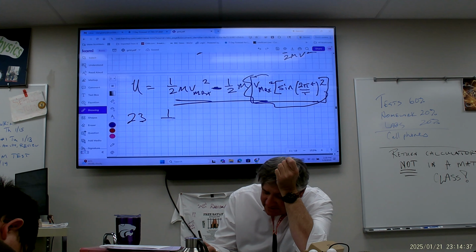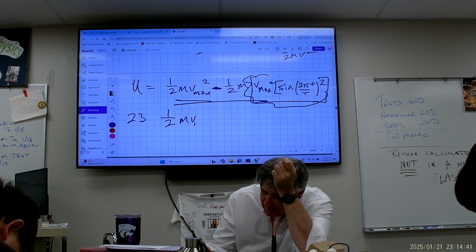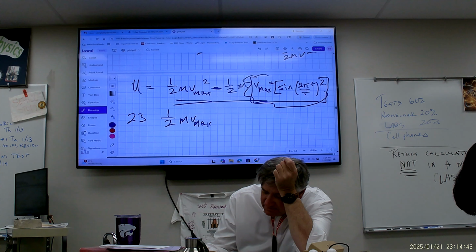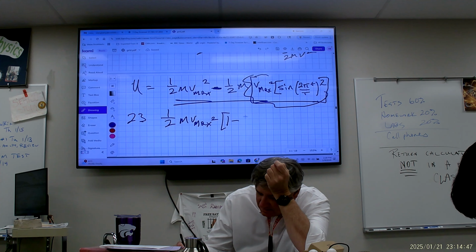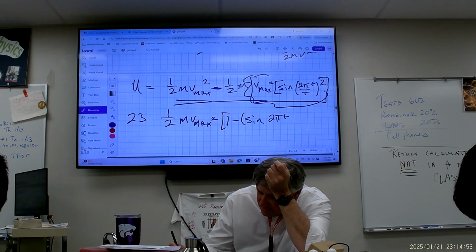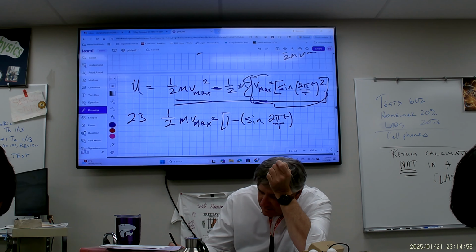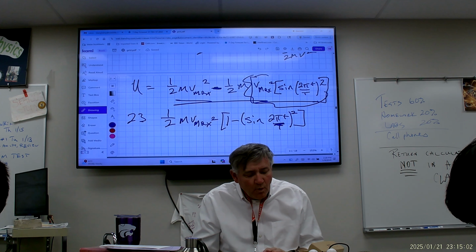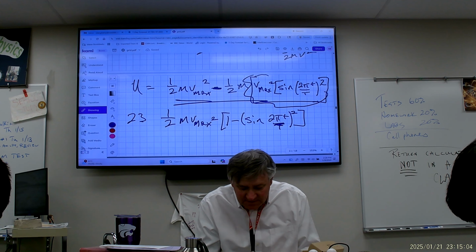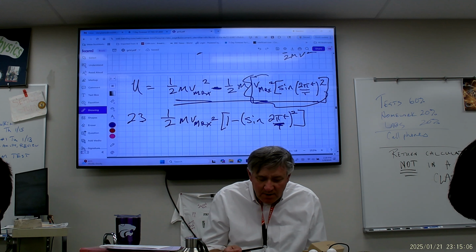You can factor out a one-half m v max squared, and you're left with 1 minus sine 2 pi t over T, squared.